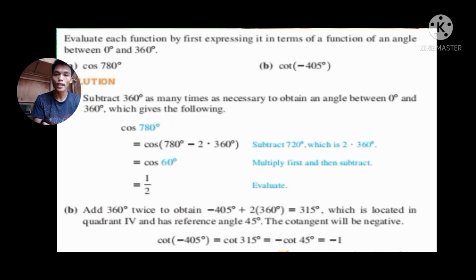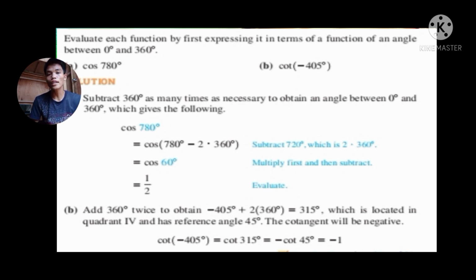So the question is, why do we have this 2 times 360 degrees? As I said a while ago, we subtract 2 times as necessary to obtain the angle between 0 degrees and 360 degrees. So 2 times 360 degrees is equal to 720 degrees. So as stated here, subtract 720 degrees, which is 2 times 360 degrees.